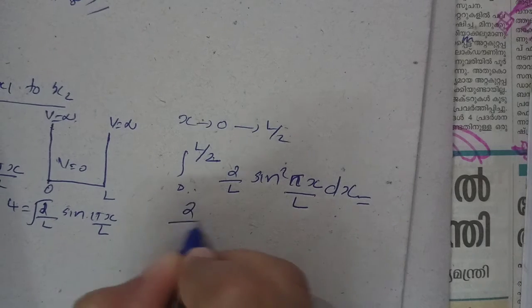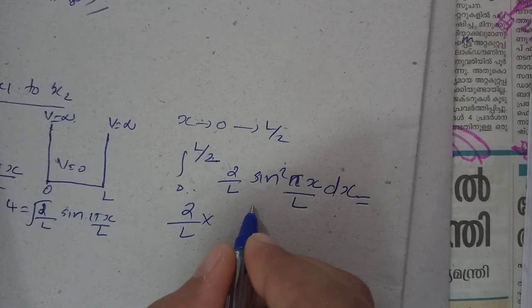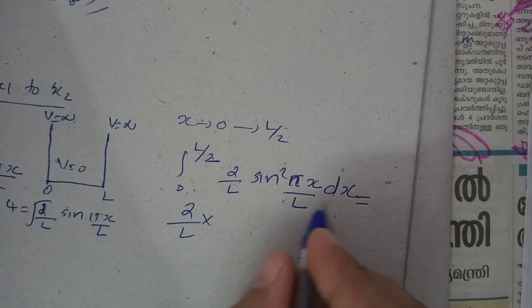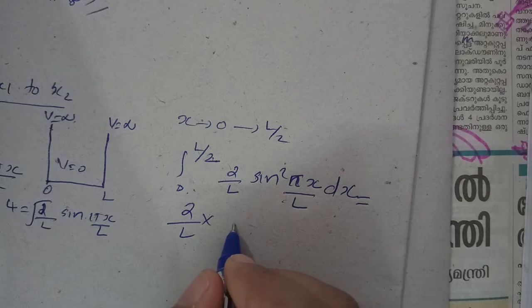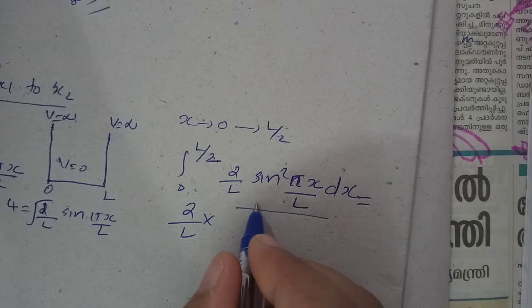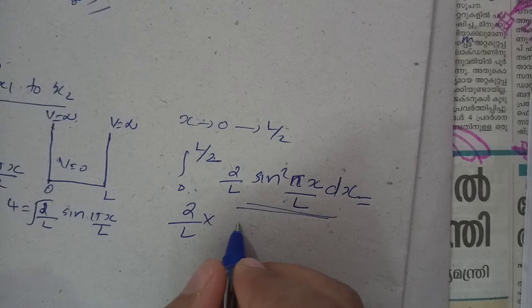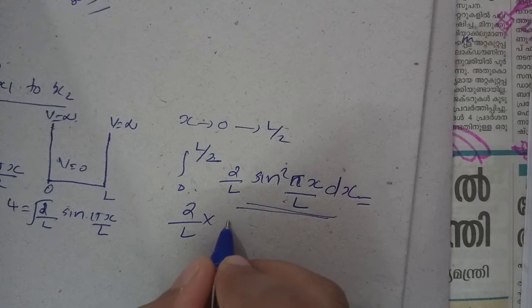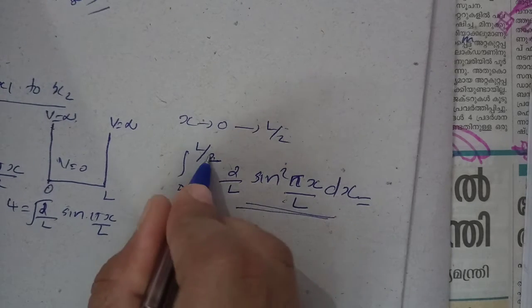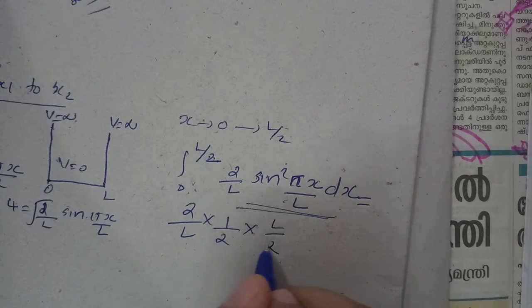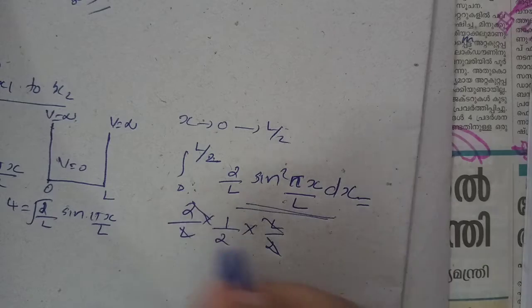So 2 by L is here, and for half the interval of the full interval, the integration of sine square of something gives half into the interval, that is L by 2, so that is 1 by 2.